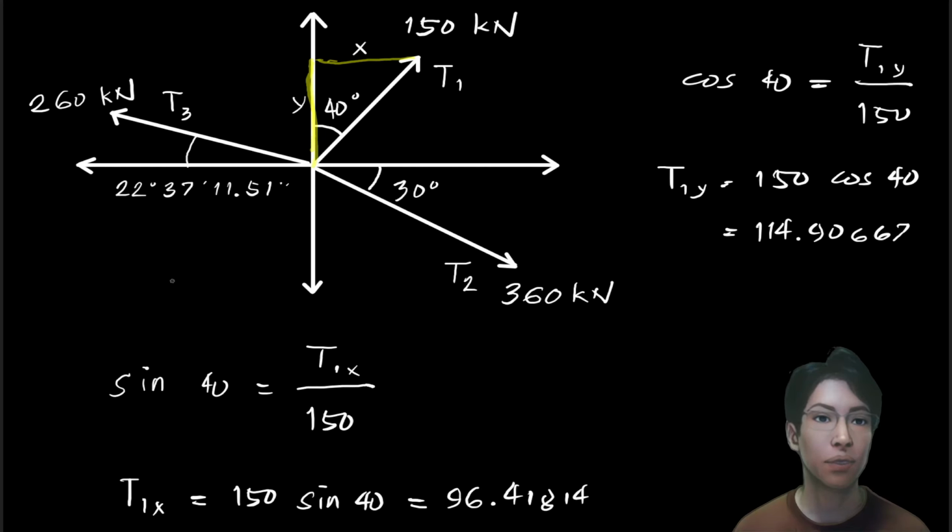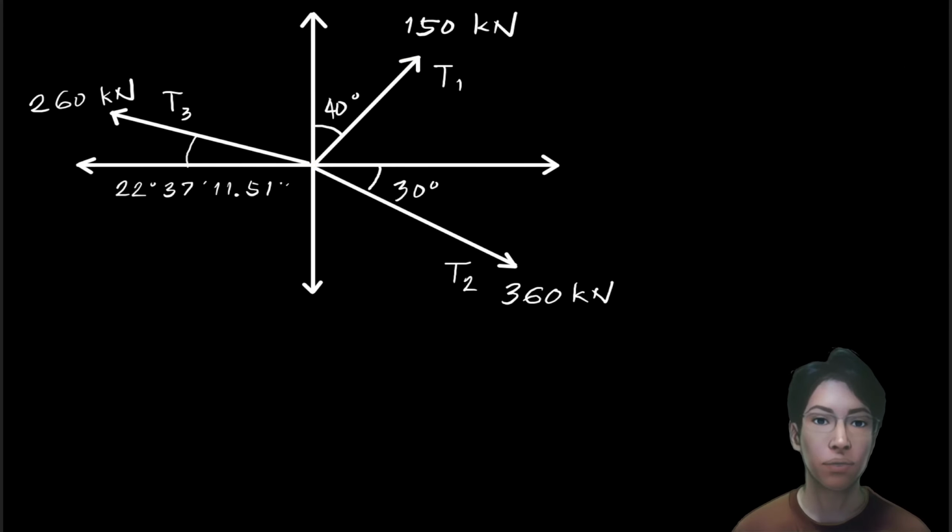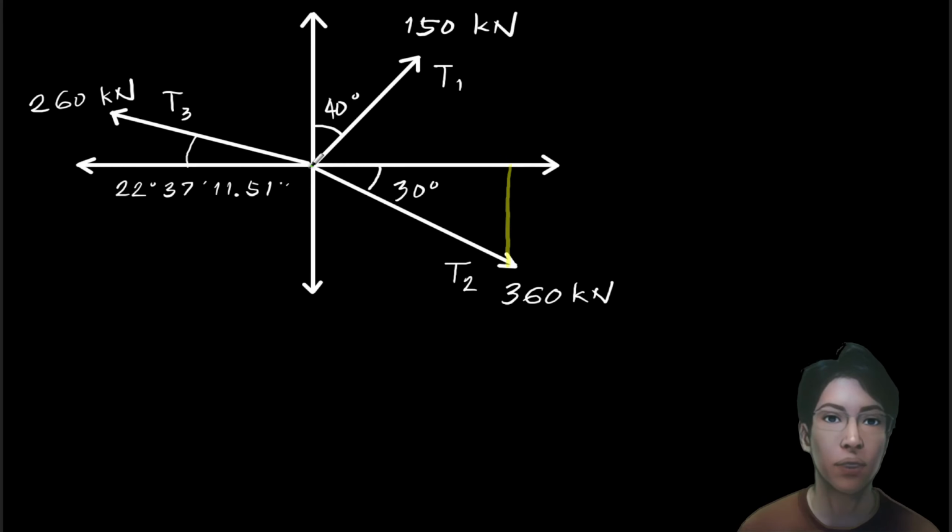Next is t sub 2. For t sub 2, let's consider this triangle from here all the way here. Okay? This triangle. So same thing, we will solve for the x component. So this is your x component, and then y component.